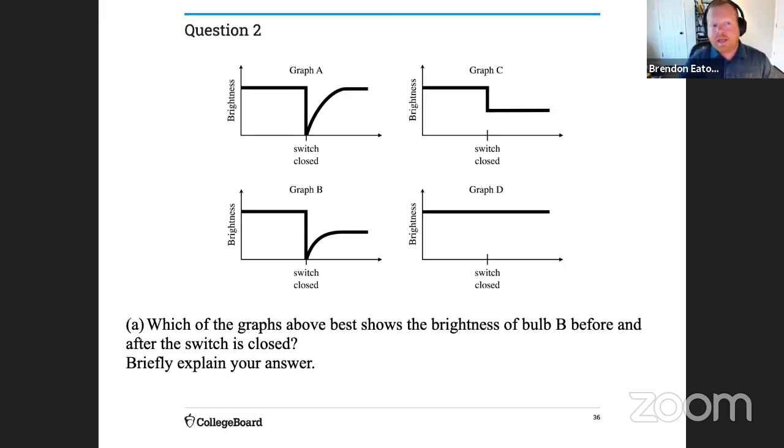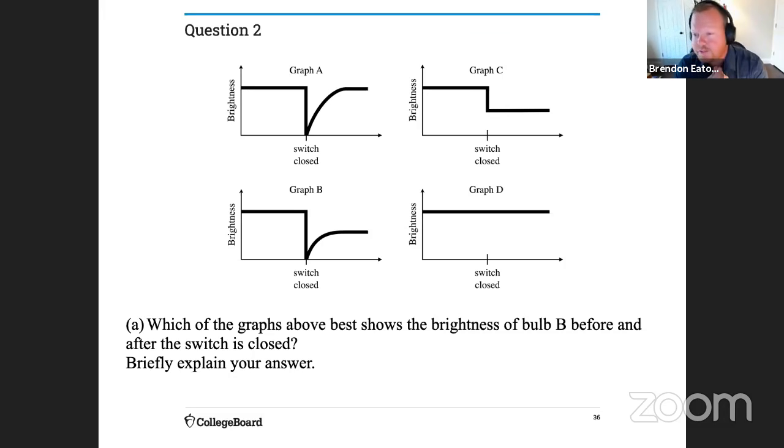So again, part of that reasoning that we went over, immediately after the switch is closed versus a short time after versus a long time after, those 3 things, all of that reasoning played back in just by looking at the circuit. I did no math. I used no equations. I just simply went through the concept of what's happening inside of the circuit. So graph A, graph B, graph C, graph D, which one of these identifies with the reasoning that we've already gone over?